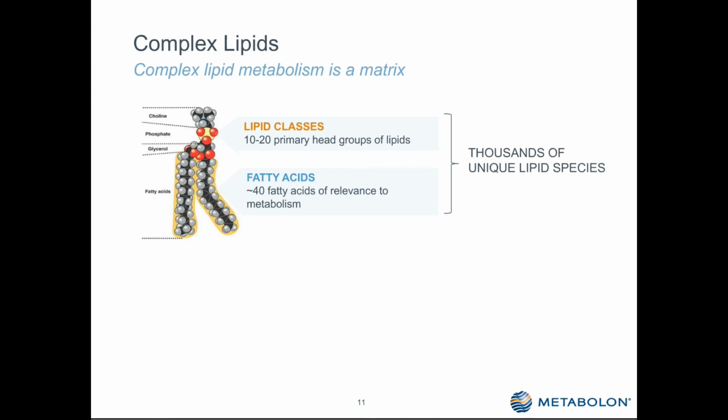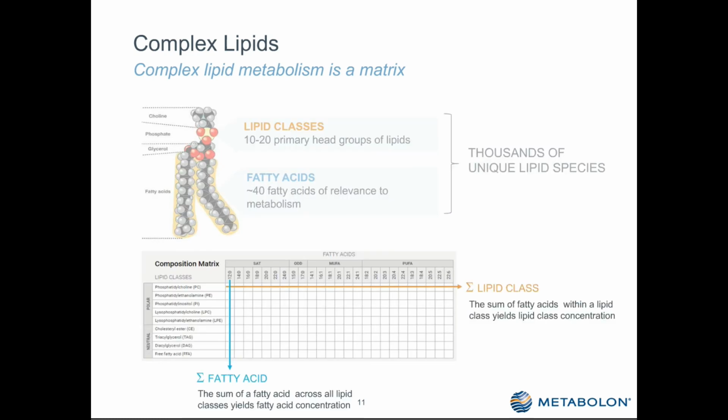The different combinations of the head group and the fatty acid can generate hundreds and thousands of unique lipid species. So what the lipidomics does is that not only do we want to monitor those complex lipids, those head groups, but also the fatty acids within those lipid classes. By summing up the fatty acids within a lipid class, that will yield a lipid class concentration.